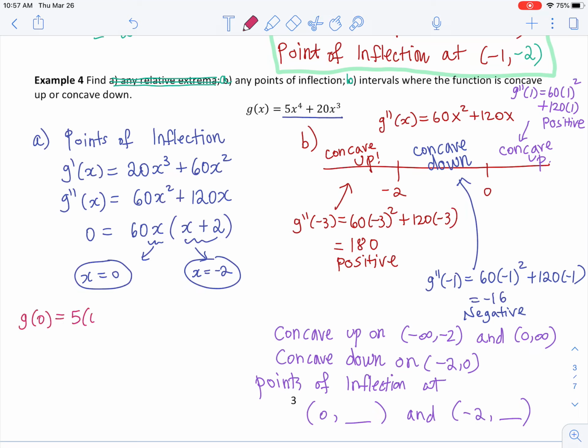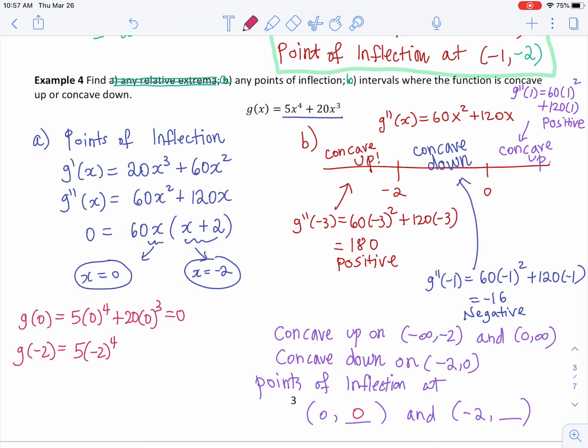What is g of 0? That's going to be 5 times 0 to the 4th plus 20 times 0 cubed, and nicely, that is going to be 0. So the first point of inflection is at (0, 0). The second one is where x is -2.